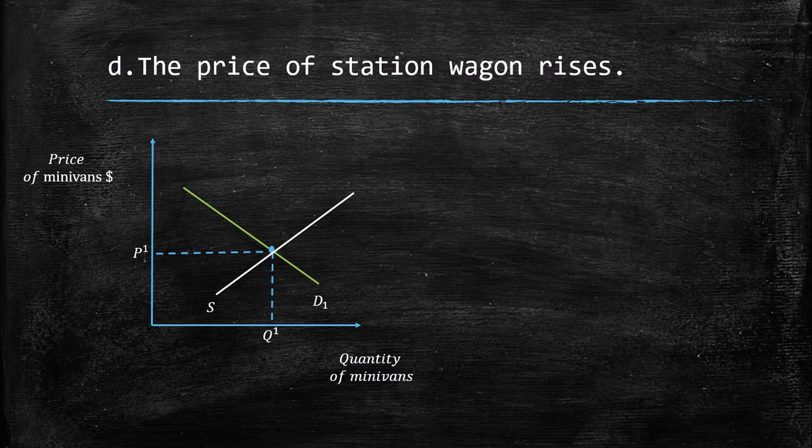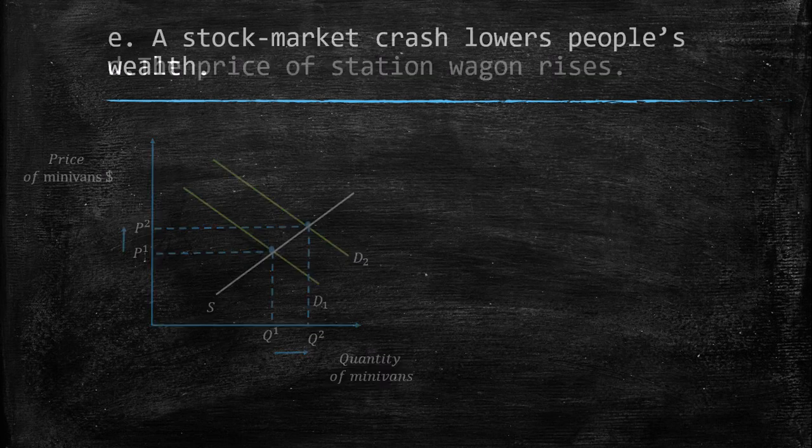So these people that cannot afford station wagons are going to pass to the market of minivans. So they're going to buy more. In this case, it's going to be an increase of demand. So it's going to be a shift to the right for this market. So what is the consequence? It's going to be an increase in prices and an increase in quantities as well.